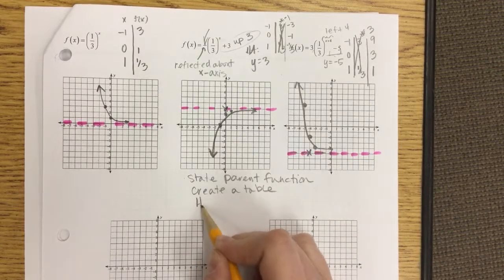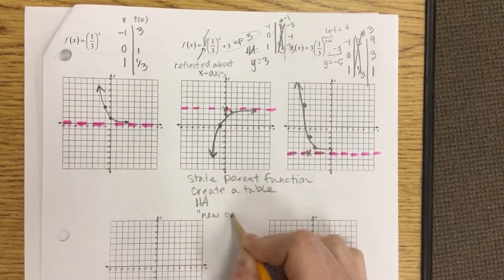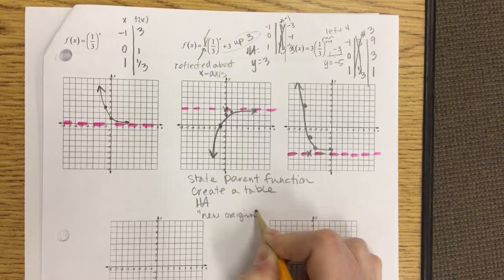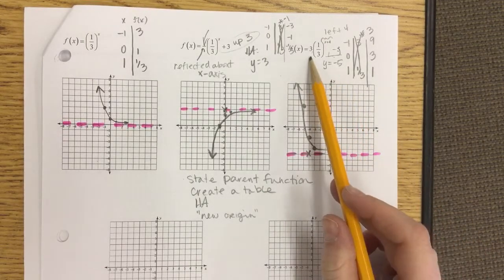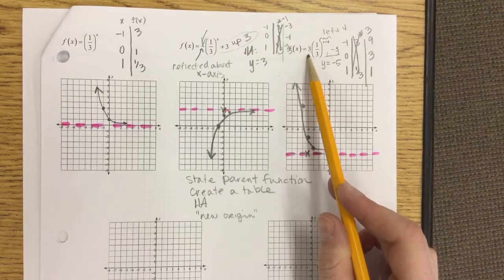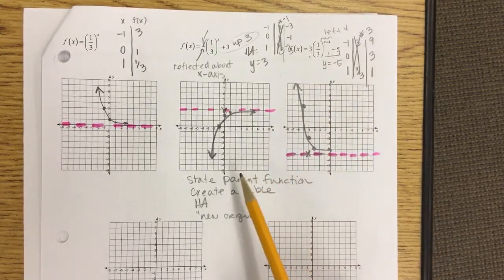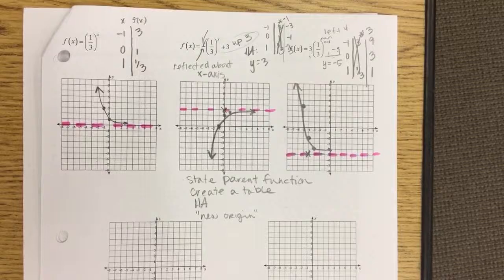Determine your horizontal asymptote and the location of your new origin. And then if you have a vertical stretch, compression, or reflection over the x-axis, multiply your y-coordinates by that number, and then sketch those points from that new origin. And this is really similar to what we did with all of our parent functions earlier.